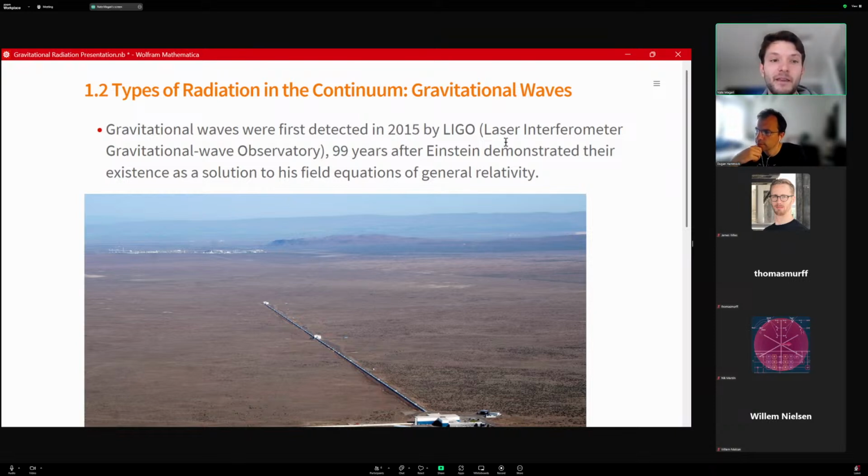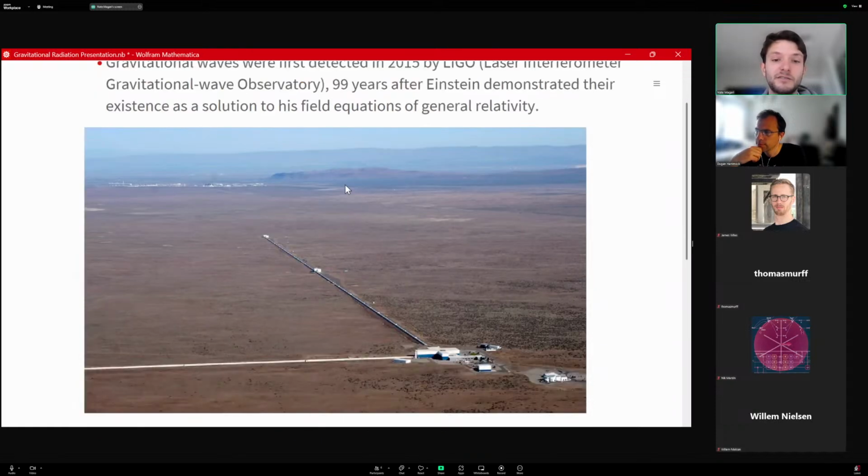And this LIGO observatory is actually made up of two facilities. This one here is the one in Hanford, Washington, and it's this ultra-high vacuum system, an interferometer similar to the one that Albert Michelson used in his experiment to show that the speed of light is constant regardless of the observer.